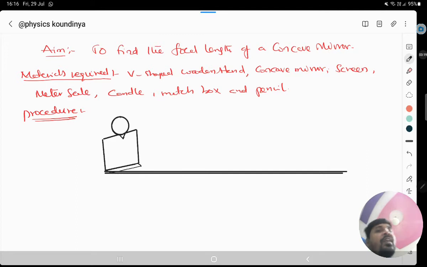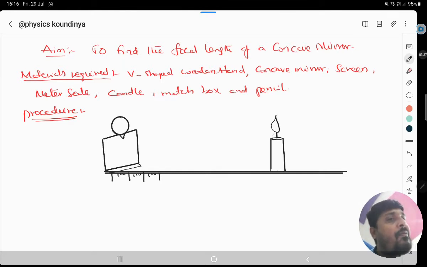This is a meter scale. You understand? This is the scale. Here we are going to place a candle, and here we are going to keep the screen.